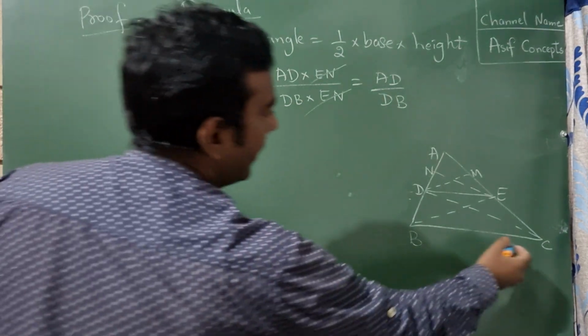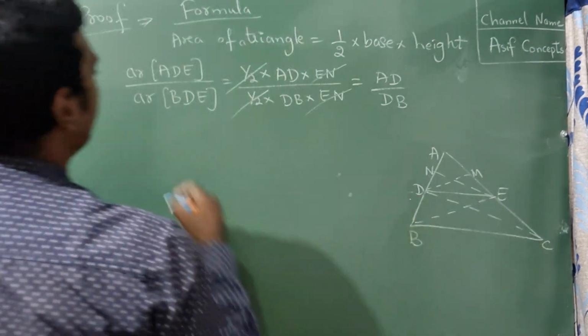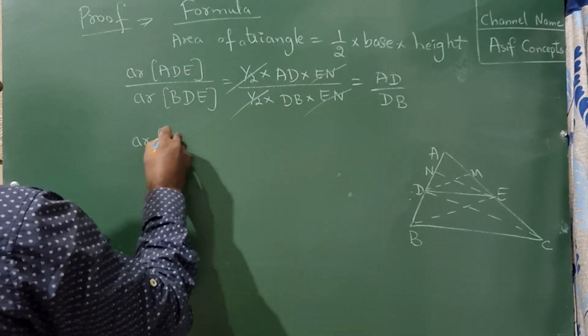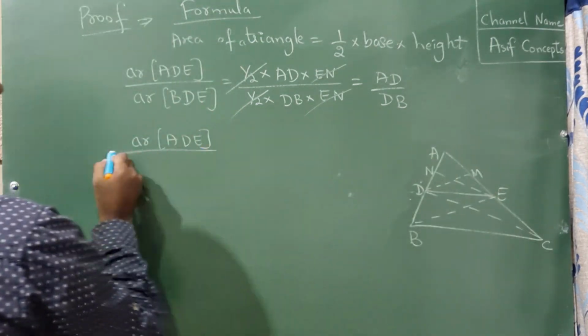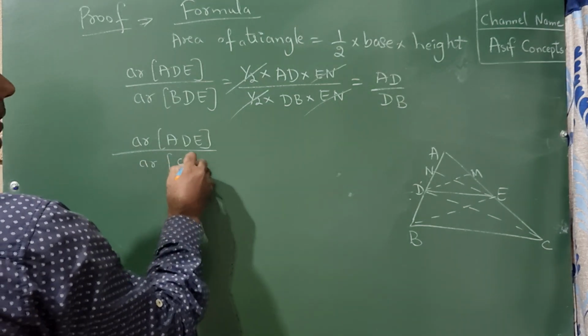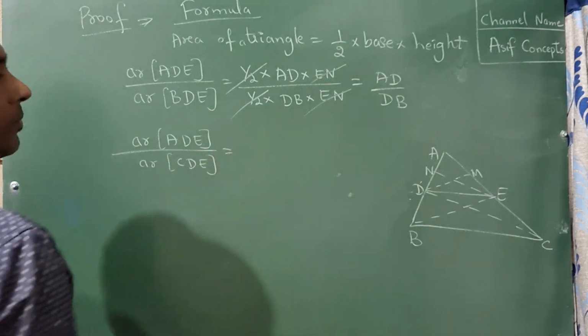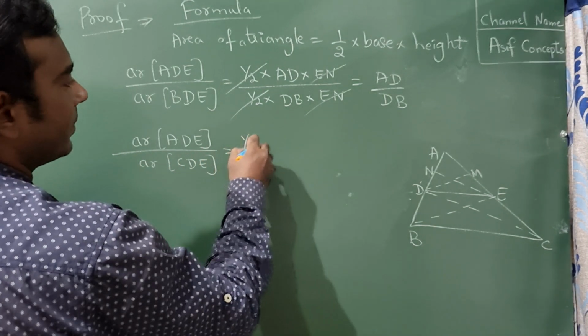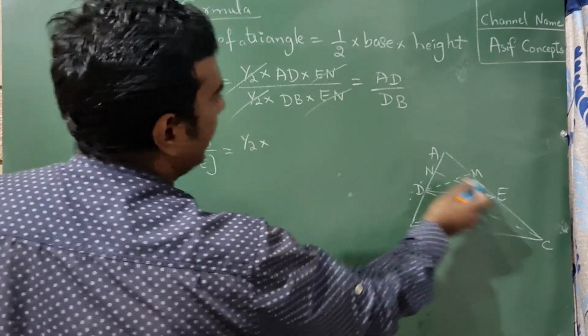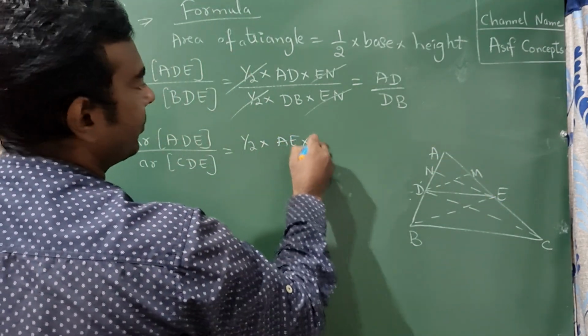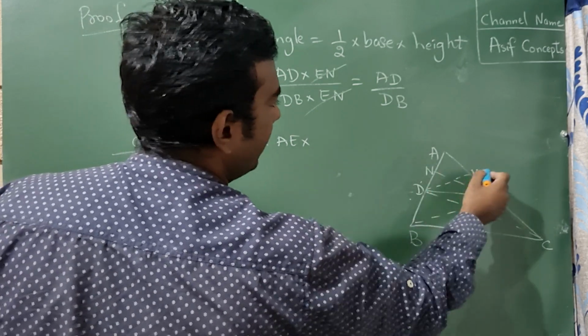Fine. Now this time I am going to consider CDE. Area of triangle ADE by area of triangle CDE. Okay, half. This time I am going to consider this side, that is the base will be AE and height will be DM.